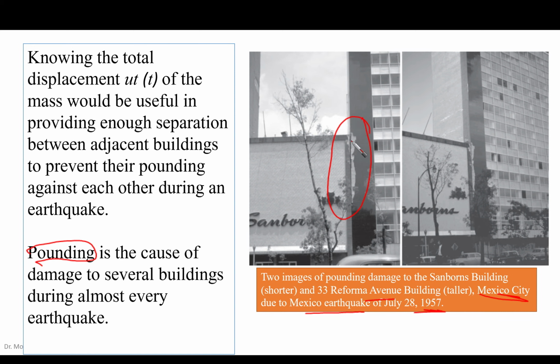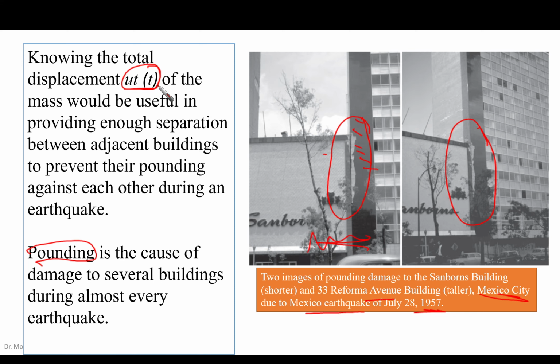There is colliding between the two buildings, this short building and the tall building. You can see it here also in this part. Why does this happen? Because they didn't consider u total, the total displacement of this building and of this building under the earthquake.